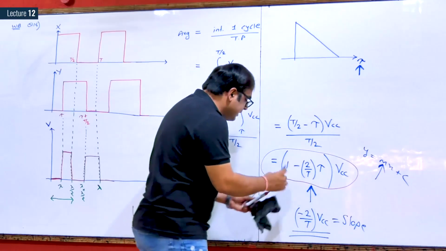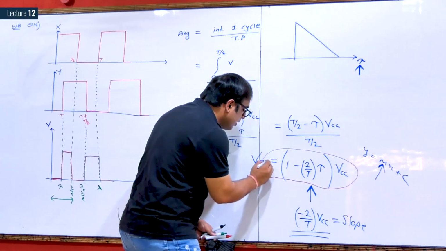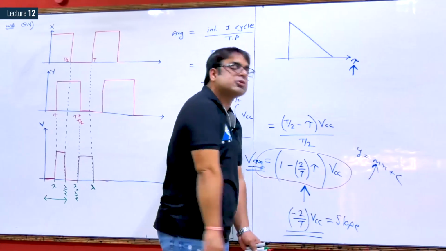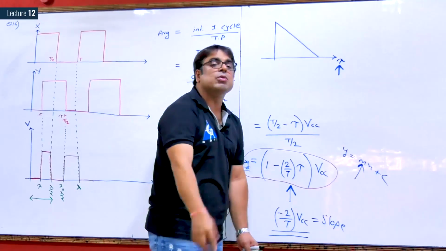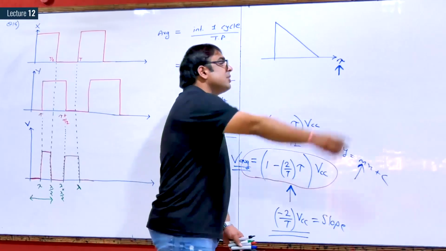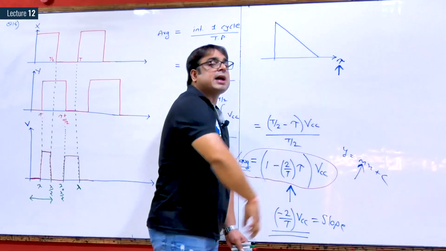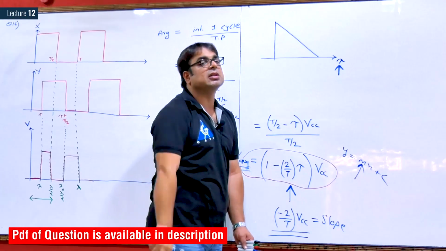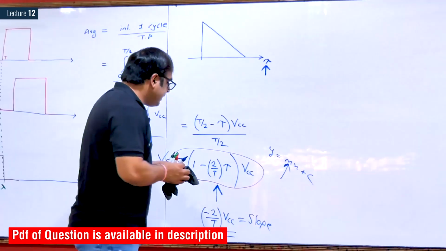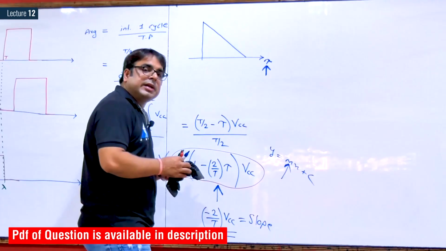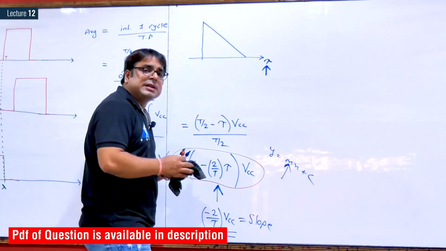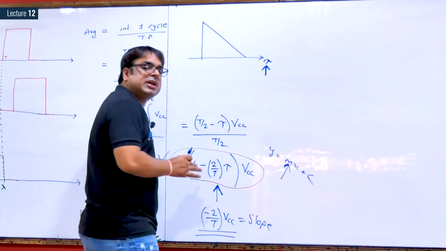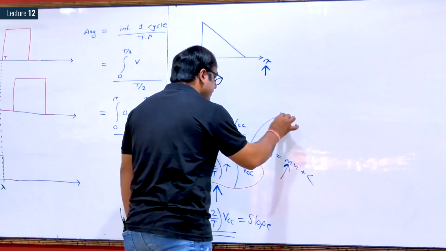So the waveform with respect to tau with a negative slope is the correct answer, and there is only one option with a negative slope. And if you want to draw the exact graph from the equation we have got, please see here.